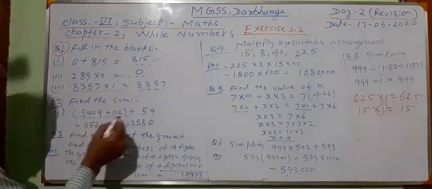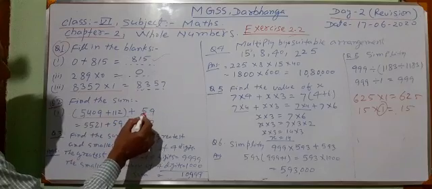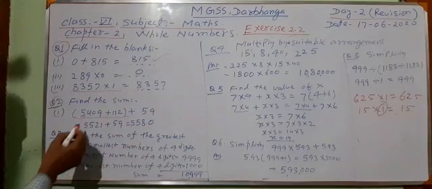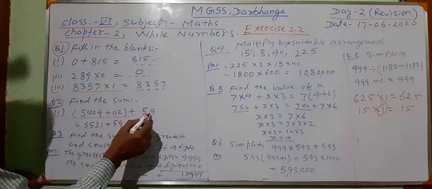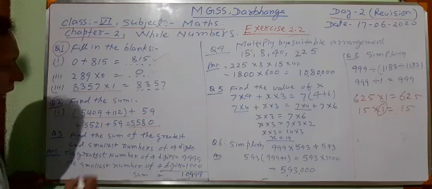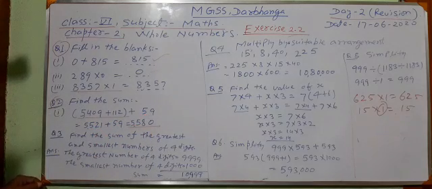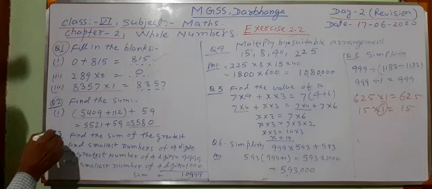First we shall solve it, then we shall add the number which is outside the bracket. When we add these two numbers, this is equal to 5529. Then we shall add 59. The answer is 5580.